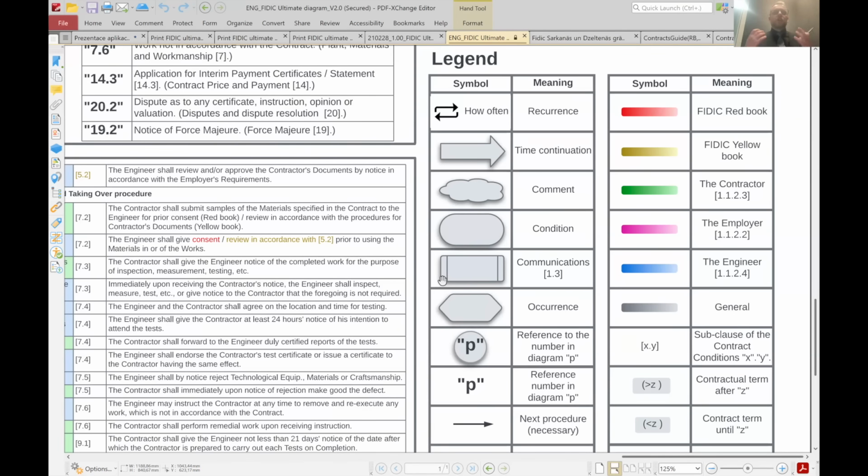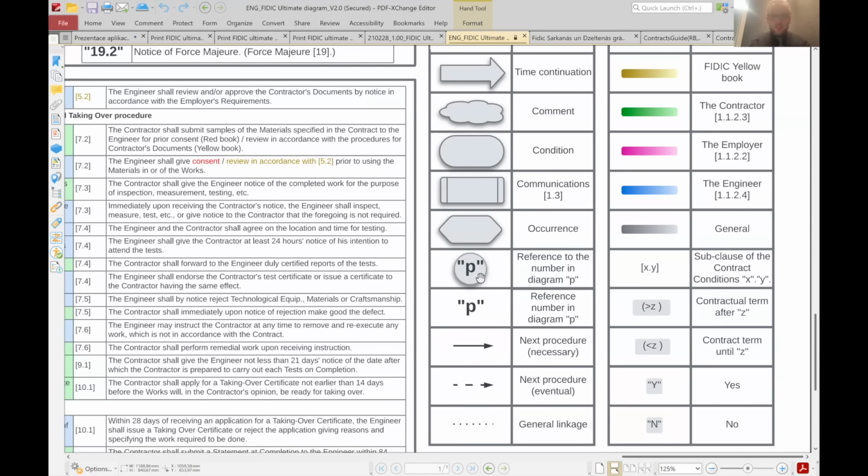That's the most important part of the Fidic contract, the communication, and it's about subclause 1.3. Next, we have some occurrence, basic situations that we can have. Next, we have a reference to the diagram, a reference to a different part of the diagram, so we can jump across the diagram.